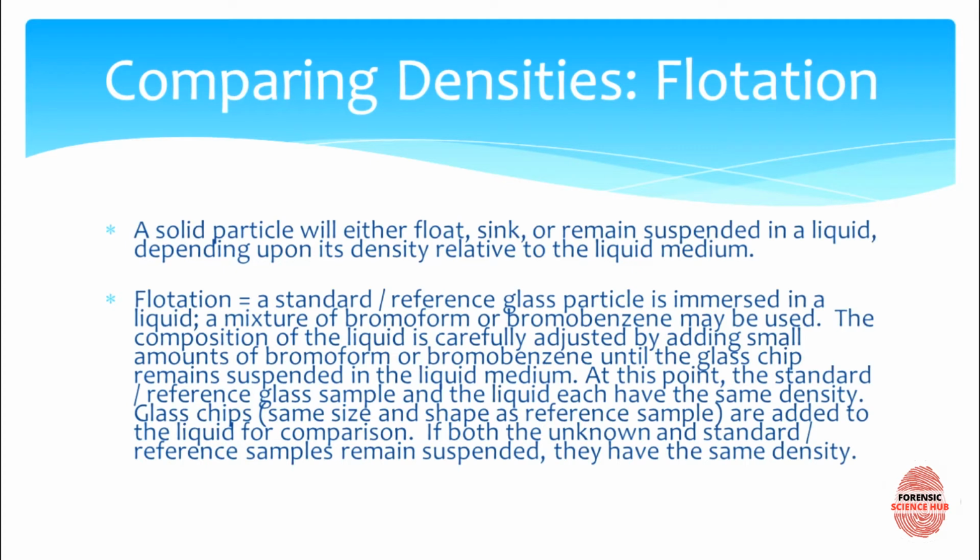We're changing the concentration of the liquid, so we will know the density of the new composed liquid that we are forming. When the particle gets suspended in it, automatically we'll know the density of that glass particle as well. That is why we perform this method, to know the density of the glass evidence that we have found at the crime scene.